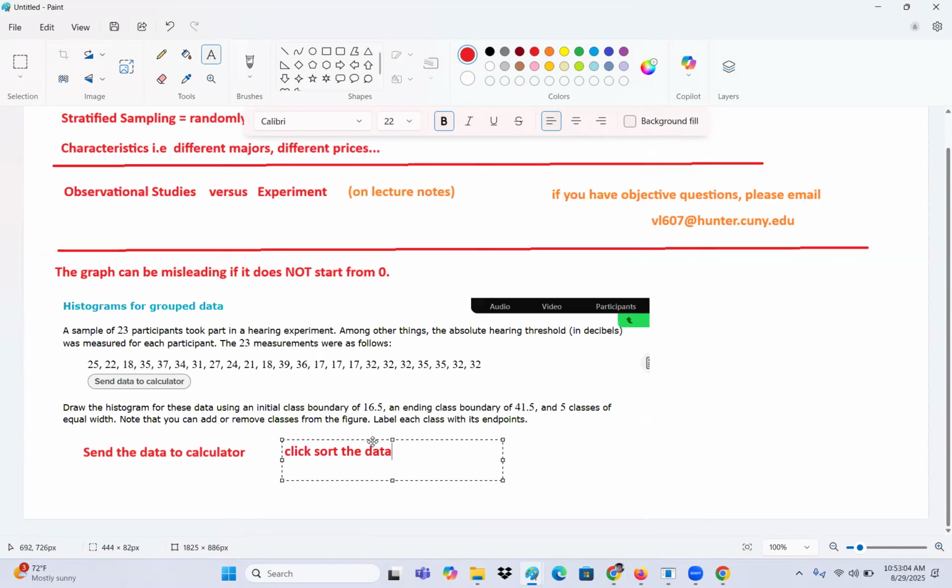And after that, we're going to compute the class width, something like this will be given, right? So we have to compute it as equal to 41.5 minus 16.5 over 5.